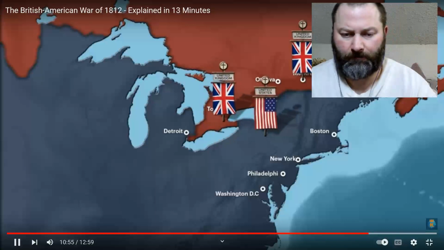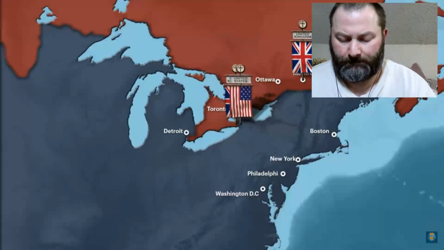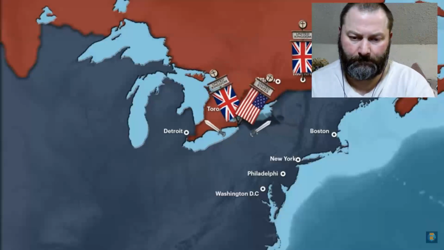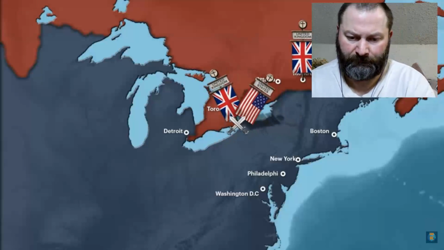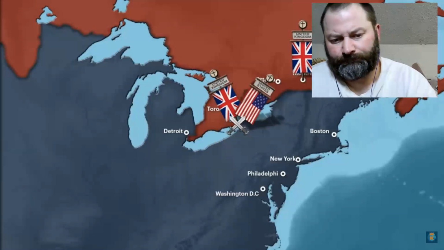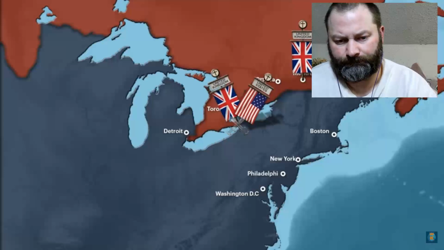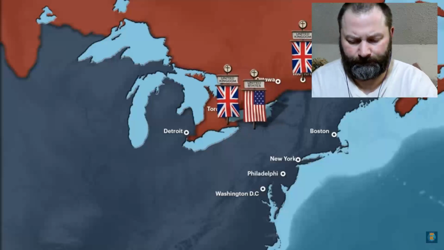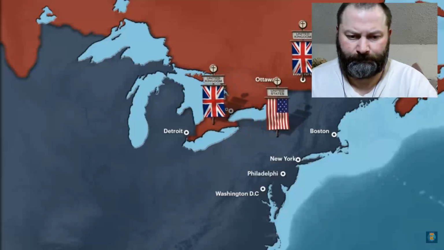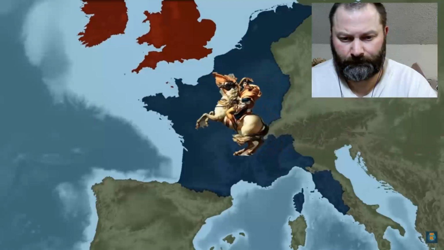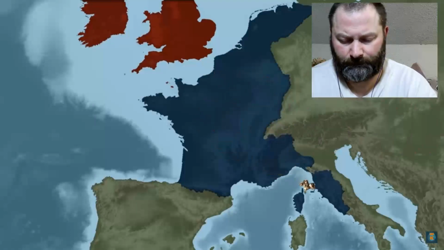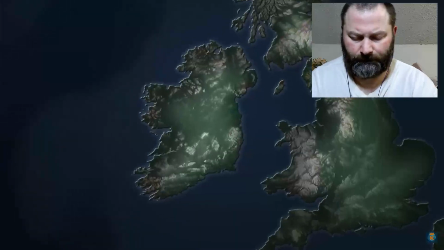Another win for the United States followed in the summer, July of 1814, at the Battle of Chippewa, but it was short-lived, as the Battle of Lundy's Lane ended in a bloody stalemate shortly after, forcing the Americans to withdraw. The real deciding factor in the war came when Napoleon faced his first exile, allowing Britain to shift more focus to the discord with the United States.